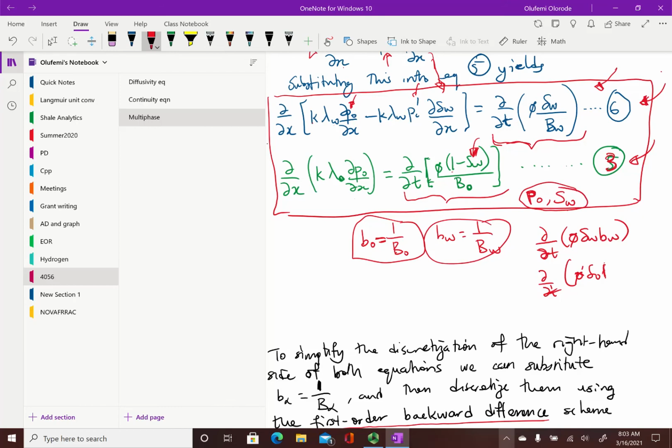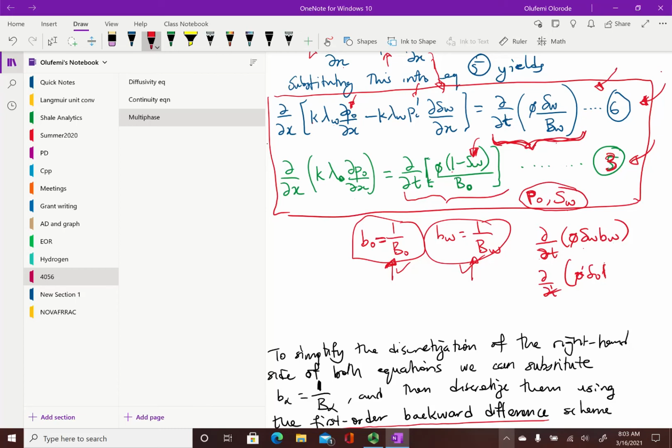Next thing we do is to simplify the notation on the right hand side by introducing the inverse of formation volume factor. So small b is the inverse of formation volume factor. This is for oil, this is for water. So that the right hand side can be written in this form, which is more succinct, right? So phi SW small bw in place of phi SW divided by BW.